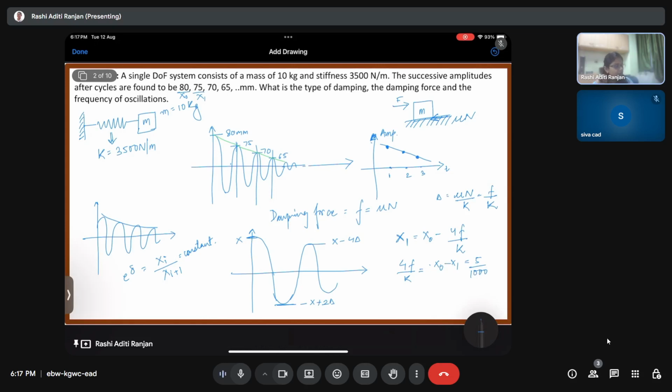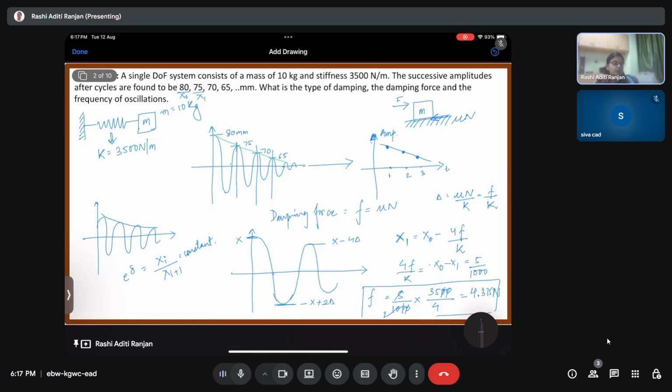So from this, if we evaluate F, it is nothing but 5 by 1000 into k, which is 3500 divided by 4, right? This will come out to be 4.375 Newton. Let me check. Yeah, 4.375 Newton.